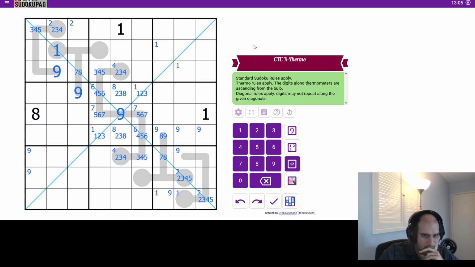This is messy. What I just said is that there's a 4 in here, therefore there's a 5 in one of these two. So the 5 that goes here is going.